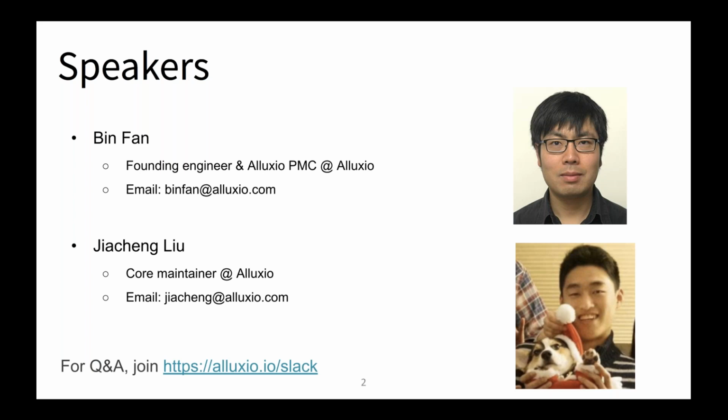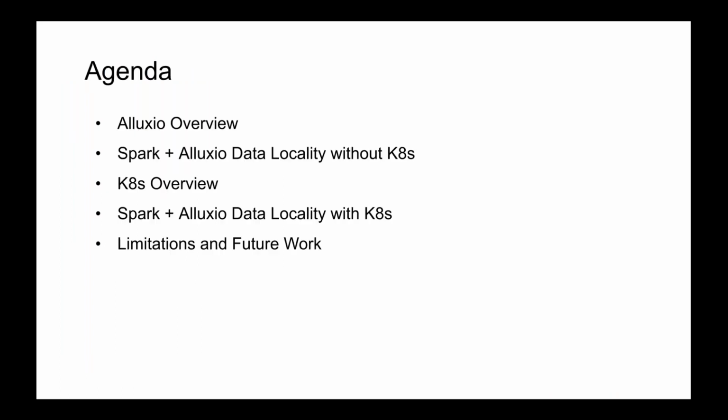Jiacheng will talk through details about setting up Alluxio in a Kubernetes environment and how that helps improve data locality when running Spark, what the different challenges are and how we solve them, and what the limitations are and the plan to improve this stack.